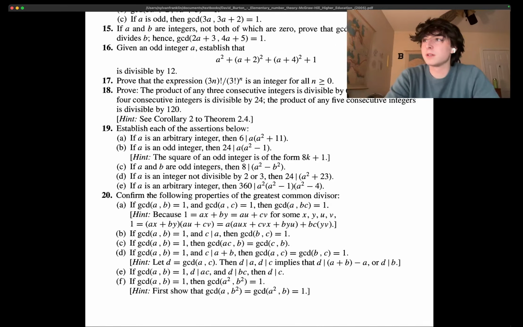Yeah, right here, exercise 20. It's interesting, this is pretty much just given. Part A of 20, it's literally just the proof in the hint.